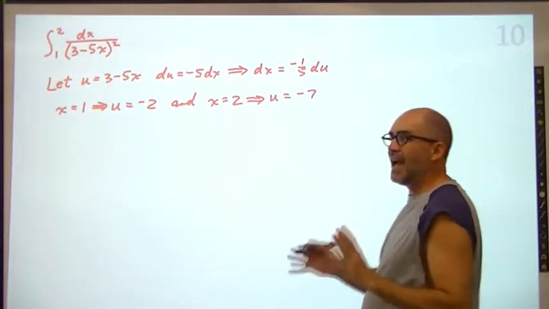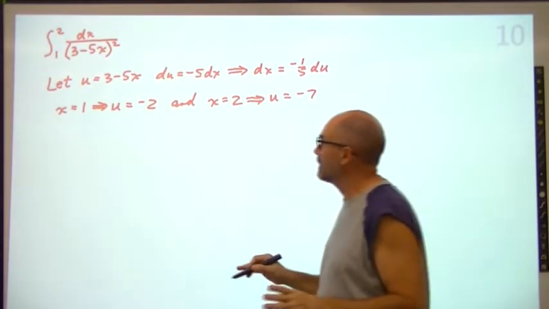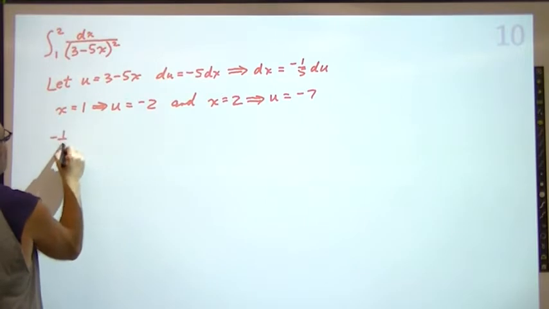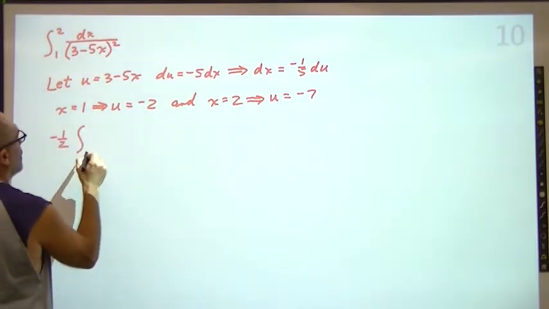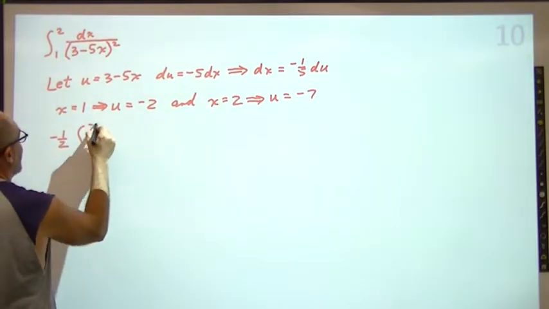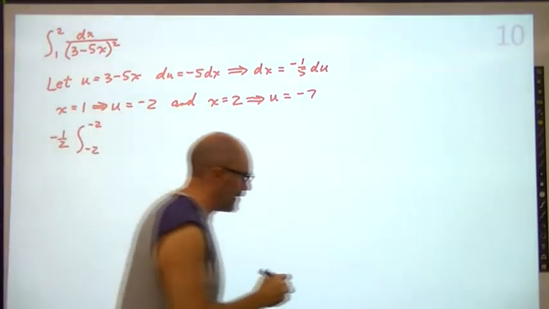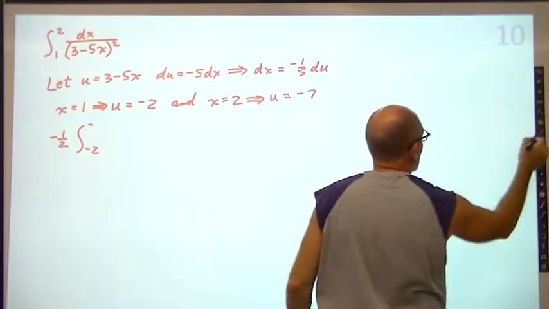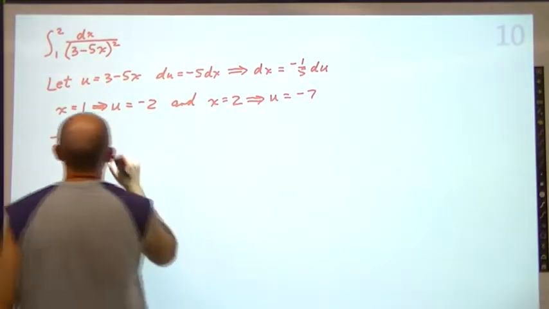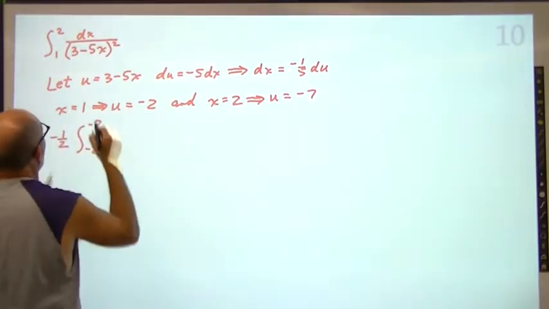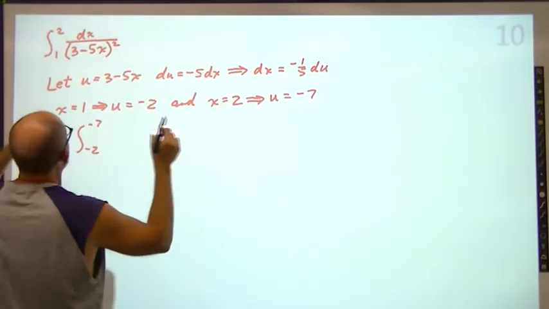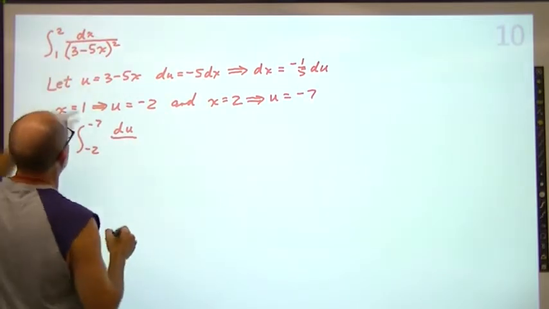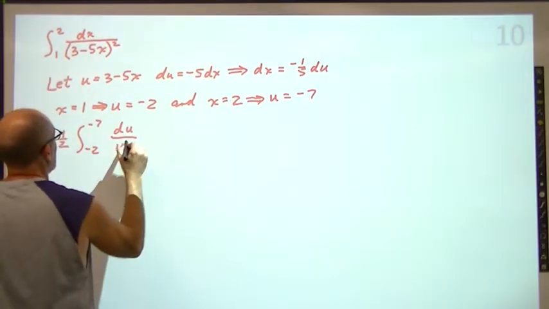So now, and now only, we're ready to make our substitution. So we say this is negative 1/5 times the integral from negative 2 to negative 7 of, now the dx is a du, and the (3 minus 5x) quantity squared becomes a u squared.